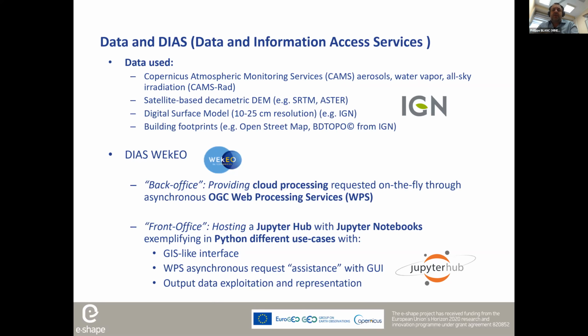In terms of infrastructure, we are using the DIAS WEkEO, as introduced by Lionel, to provide two things: the back office, to provide the cloud processing as requested to compute on the fly the solar information at high resolution, and the front office, that you will check and test in the coming days, to host a JupyterHub with Jupyter notebooks and exemplify different use cases.